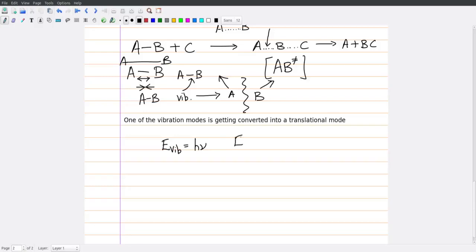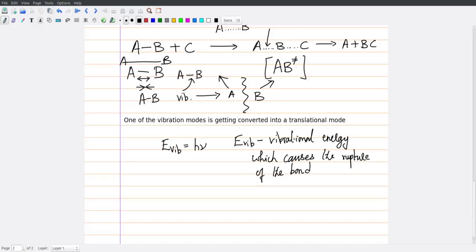This E vibration is the vibrational energy which causes the rupture of the bond. So according to Planck's theory, we have E vibration equal to h mu.